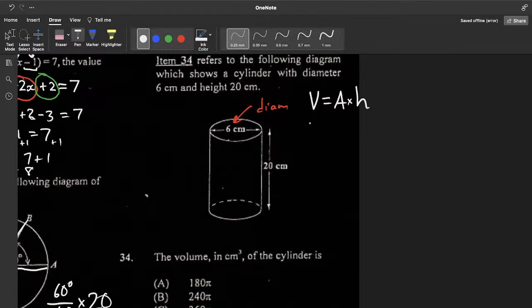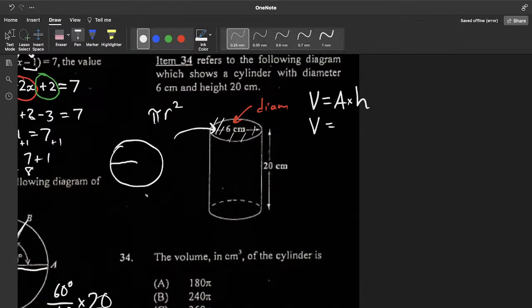But remember, in this case, we have the cross-sectional area, which represents a circle. Now, the area of a circle is pi r squared. Now, the diameter is 6, so that must mean that the radius has to be 3.